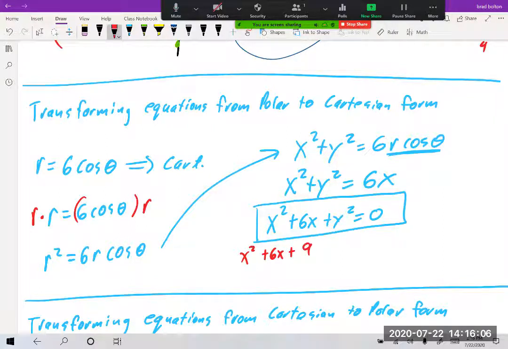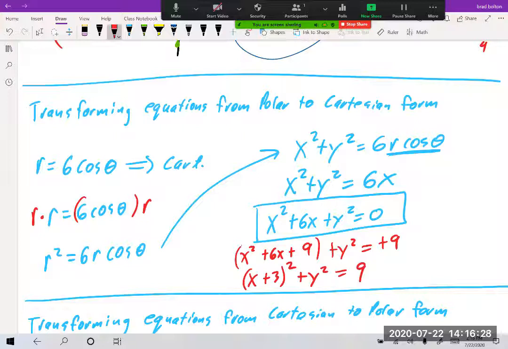So I just added a plus 9 there, plus y squared. So the left-hand side of this equation has a plus 9, so the right-hand side must also have a plus 9. So this becomes x plus 3 quantity squared plus y squared equals 9.